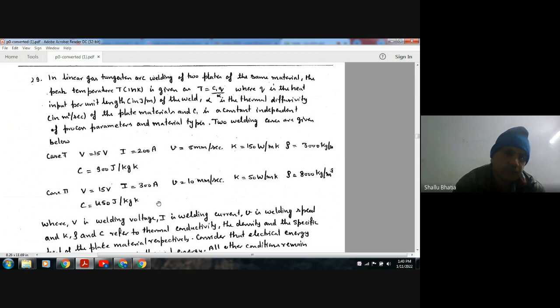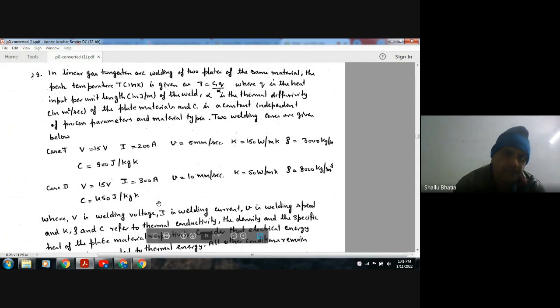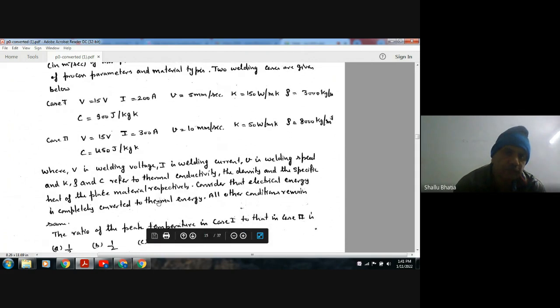Case 2: V = 15 volt, I = 300 ampere, v = 10 mm per second, K = 50 watt per meter Kelvin, rho = 8,000 kilogram per meter cube, and C = 450 joule per kilogram per degree.